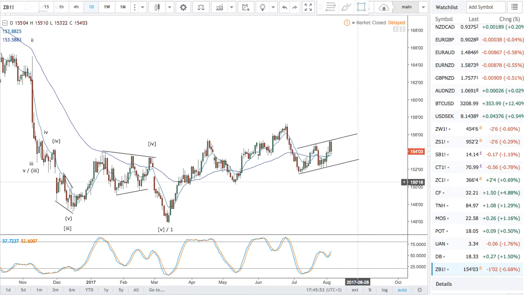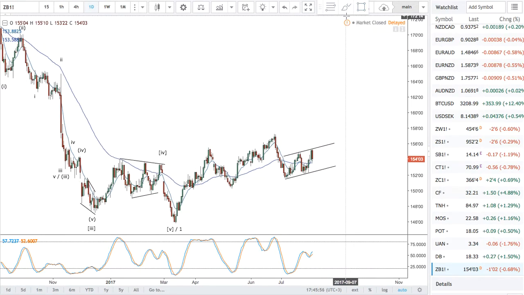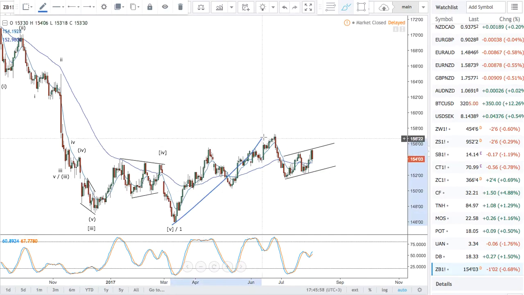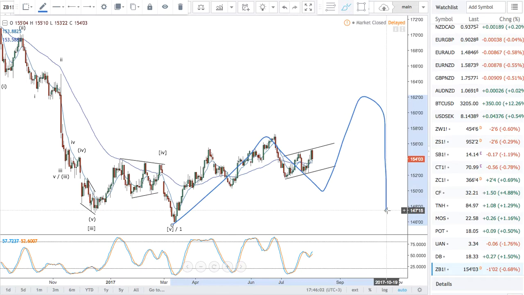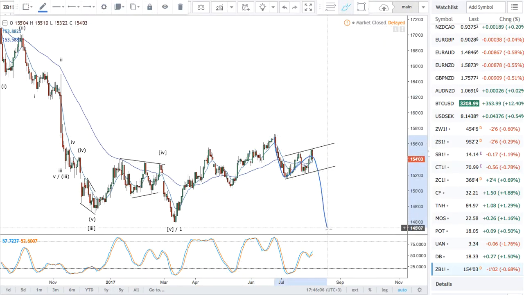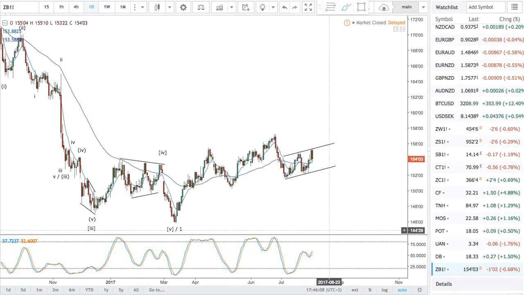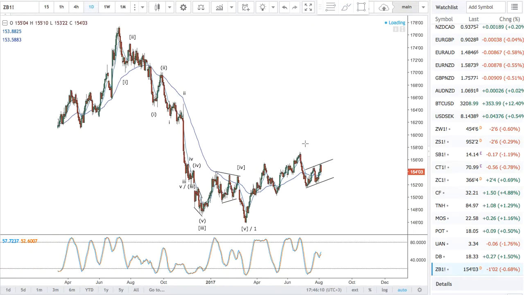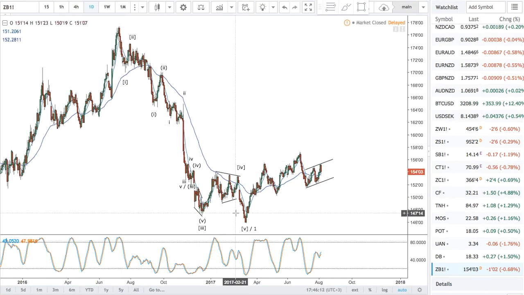Now I can speculate, it's only speculation, that we will see a larger 3-wave correction, even if we get a new low and then turn over. That might not happen. It could simply be and then down. The reason I think it's going to be a bigger correction is only because of the time of this.